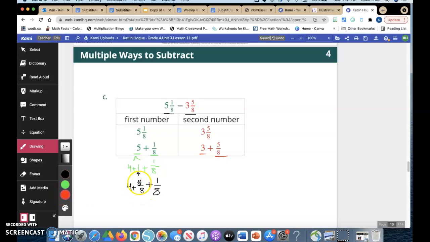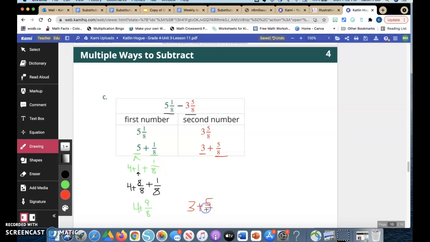Can I add these fractions together? Absolutely I can. 8/8 plus 1/8 equals 9/8. So I have 4 plus 9/8 on my first number, and 3 plus 5/8 for my second number.